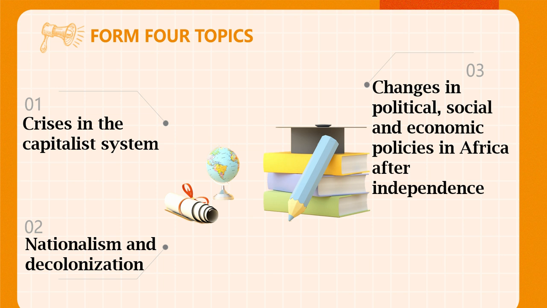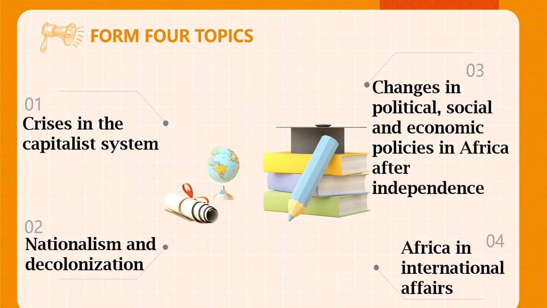After topic number 2, Africans were able to regain their independence, and then we check how they changed the policies in different aspects of life to go together with that situation without colonialism.